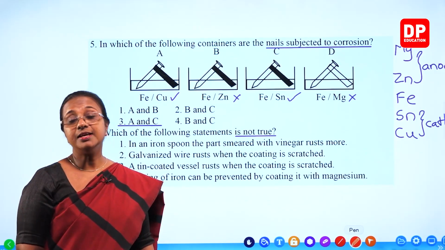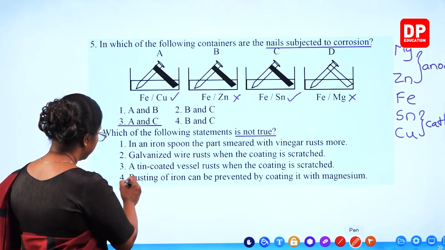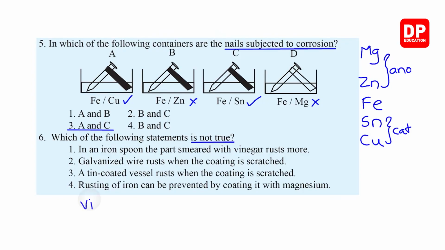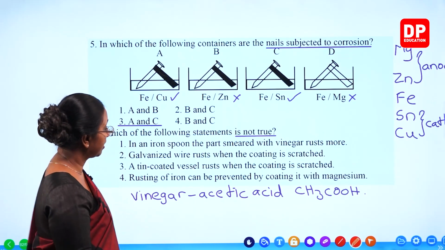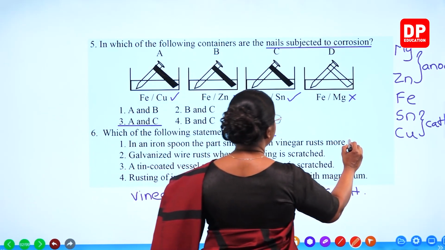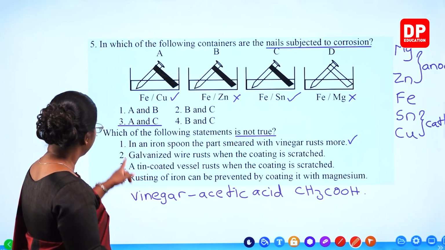Because vinegar is acetic acid, CH3COOH. You all are familiar with this, students. So, acids increase the rate of rusting. So, in an iron spoon, parts smeared with vinegar rust more.